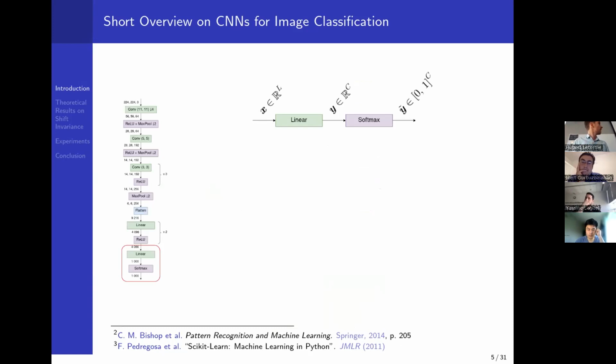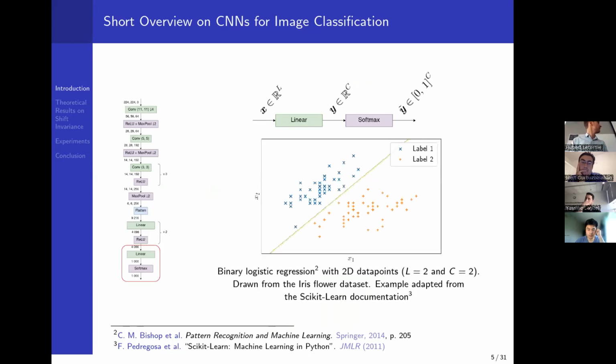As an illustration, here is an example with 2D input feature vectors, so 2D data points and only two labels. This is referred to as a binary logistic regression.